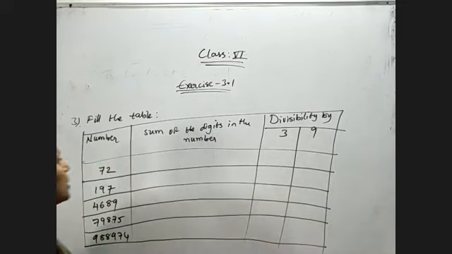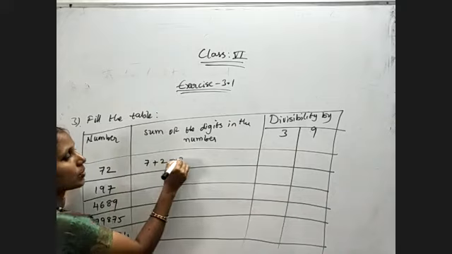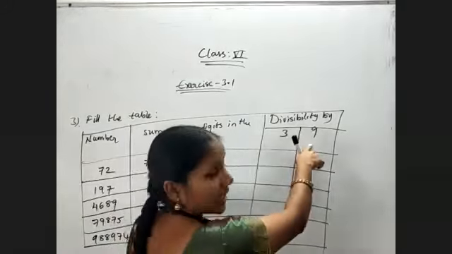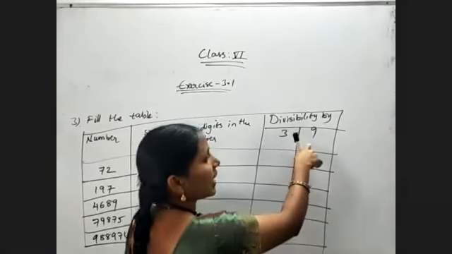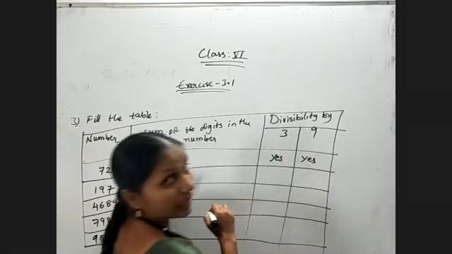So observe this. Sum of the digits in the number, that is 7 plus 2 is equal to 9. 9 we will get in the 3 table as well as the 9 table also. 3 3s are 9, 9 1s are 9. So it is divisible by both 3 and 9.